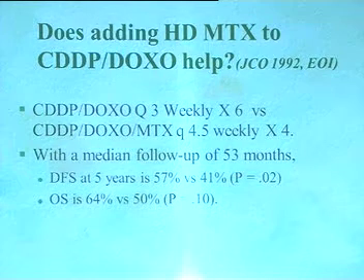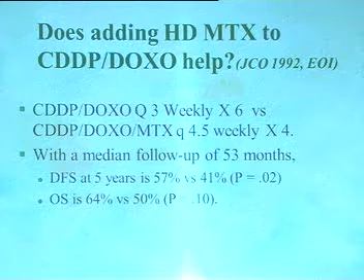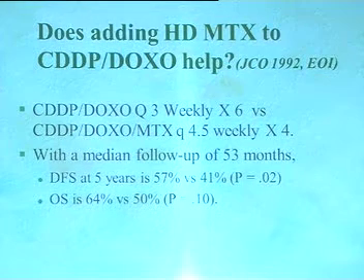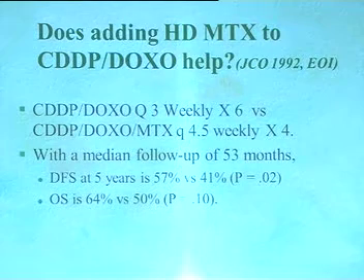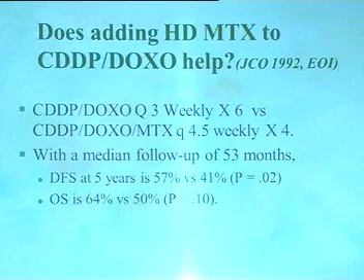This trial was heavily criticized for two reasons. Number one, the people who supported methotrexate said the interval between chemotherapy with the methotrexate arm was 4.5 weeks versus 3 weeks for cisplatinum Adria, so that reduced the dose intensity of cisplatinum Adriamycin.